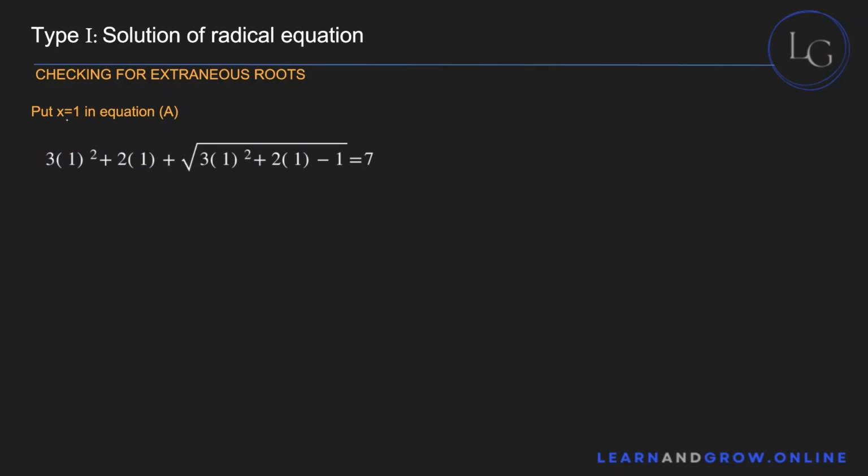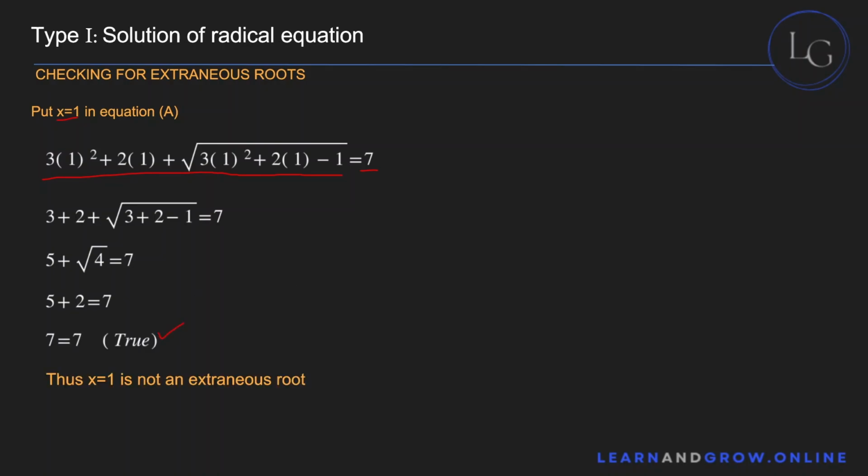Now, one of the solutions was x is equal to 1. You'll plug the x is equal to 1 into the original equation given in the question, and now you'll check to see if the left hand side is equal to the right hand side. Now when you solve this, this turns out to be true, so this is not an extraneous root.